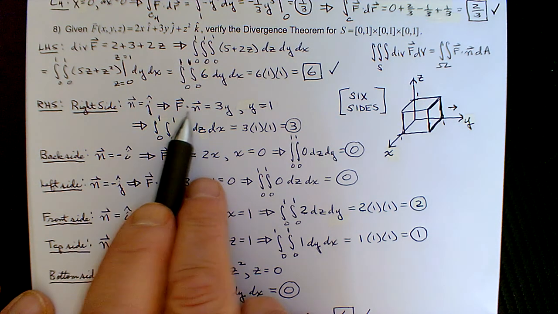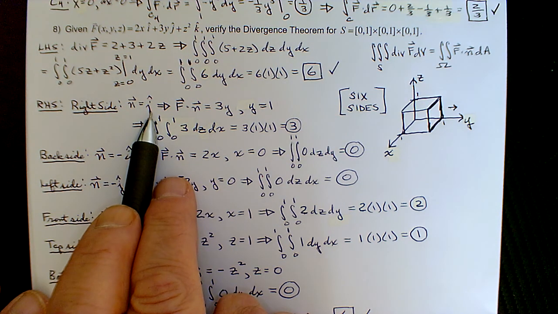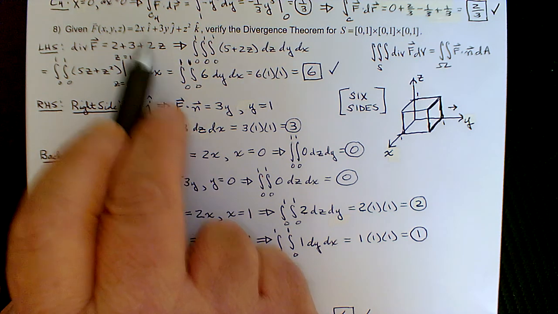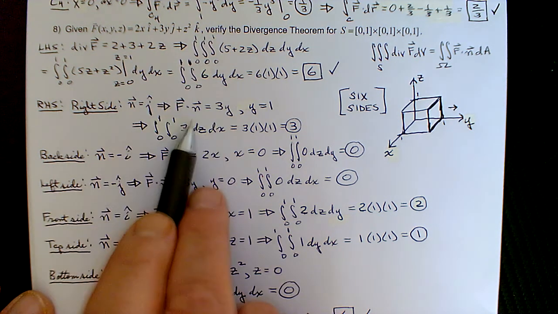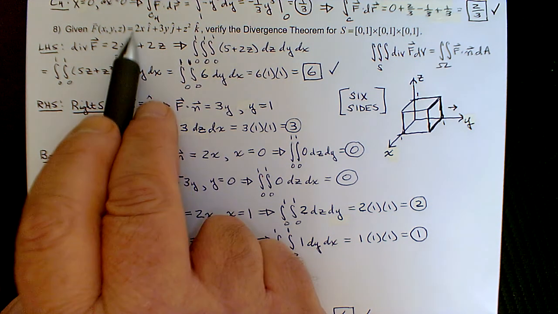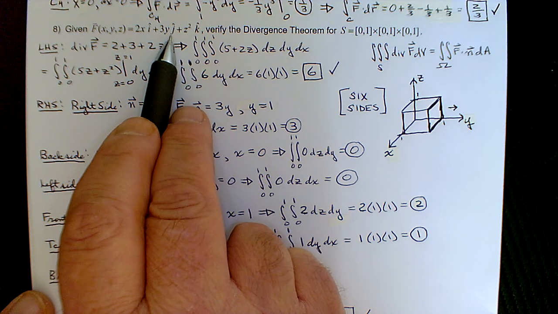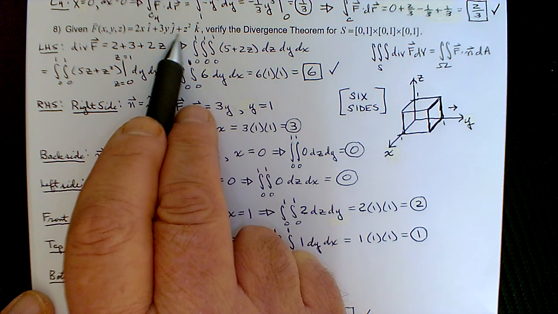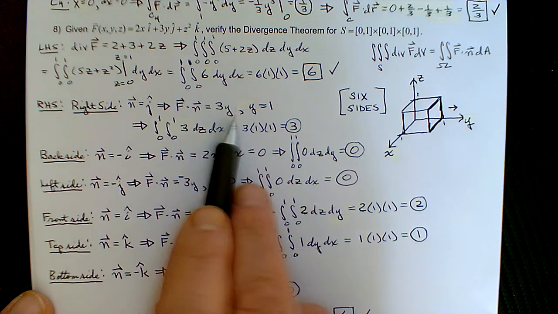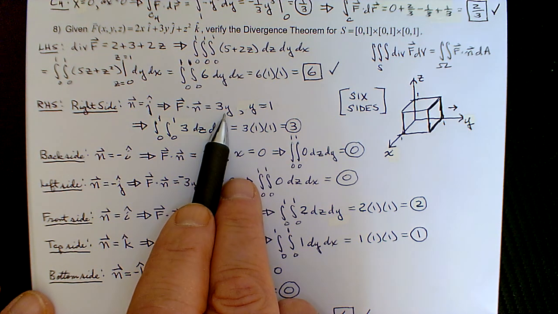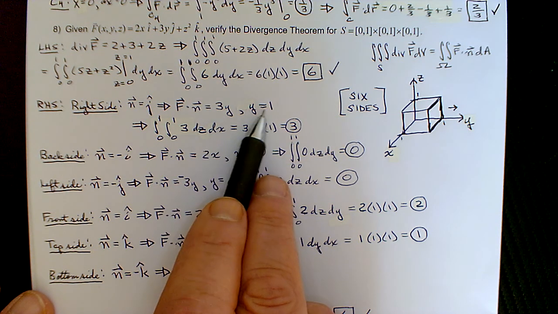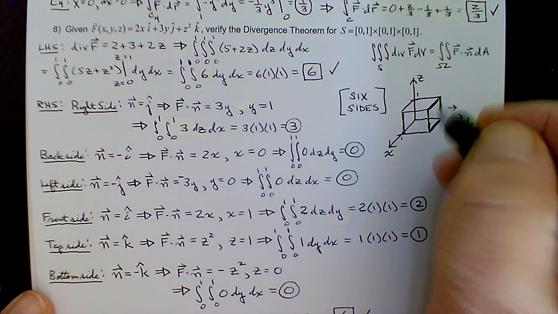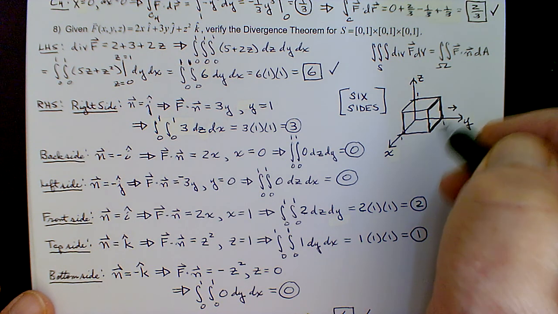And then once we determine what the normal vector is, we dot that with the function, so f dot n. So here's our function, dotted with just j, so that's why we just got 3y, because i dot j is 0, k dot j is 0, and j dot j is 1. You also have to note that y is 1 as well, so along this face of the cube, y is always 1.